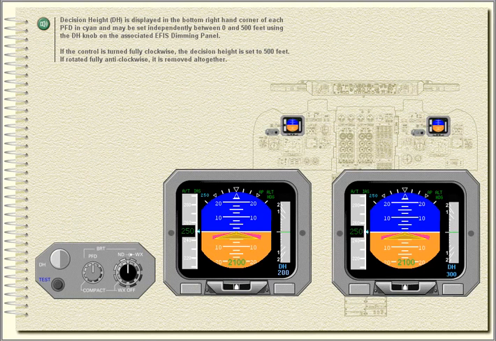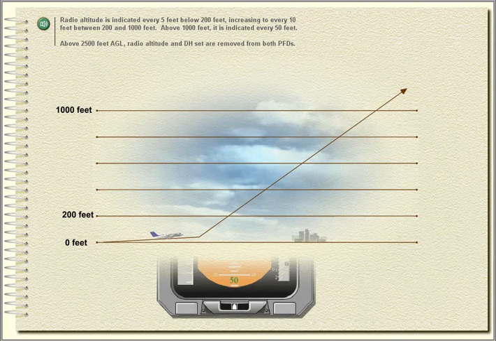If the control is turned fully clockwise, the decision height is set to 500 feet. If rotated fully anti-clockwise, it is removed altogether. Radio altitude is indicated every 5 feet below 200 feet, increasing to every 10 feet between 200 and 1,000 feet.